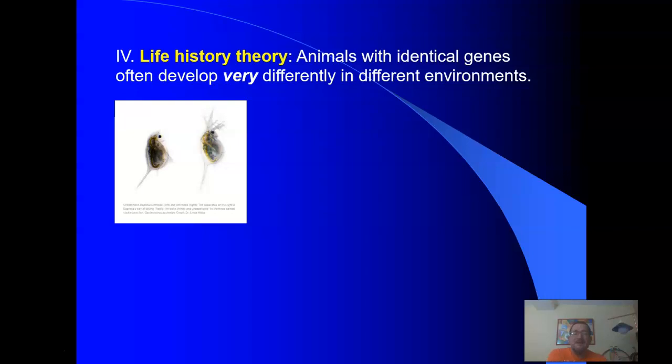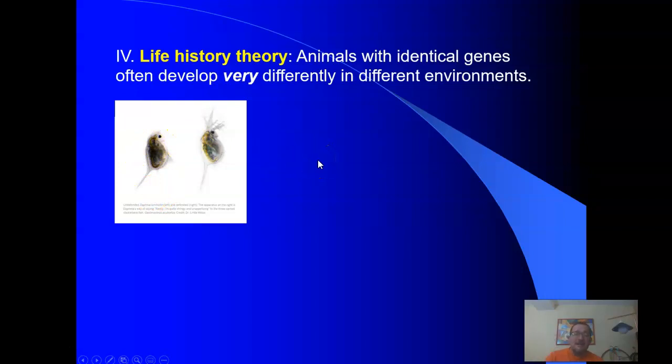An example I probably did not give you yet is water fleas. In fact, one of my good friends at the University of Buffalo does extensive research on water fleas. These are little creatures that you can barely see with the naked eye that live in ponds, for example. And if a water flea grows up in a pond environment where there aren't many predators, it looks like the one you see on the left here.